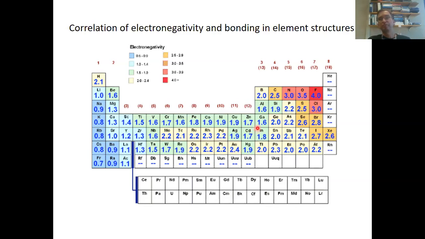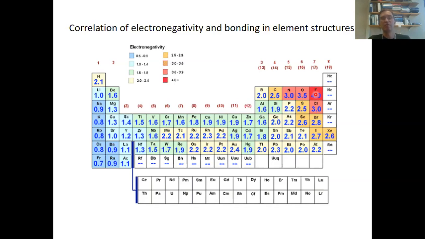Now, on the other hand, in a non-metal, the electronegativity difference between the atoms is also 0. So for instance, in fluorine, all the fluorine atoms will attract the electrons equally strongly.